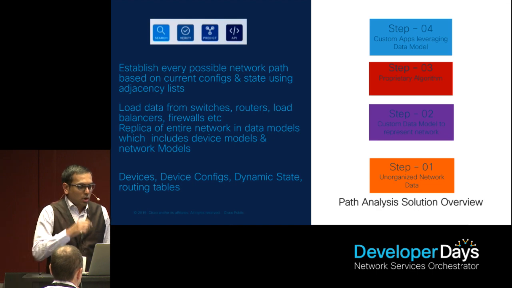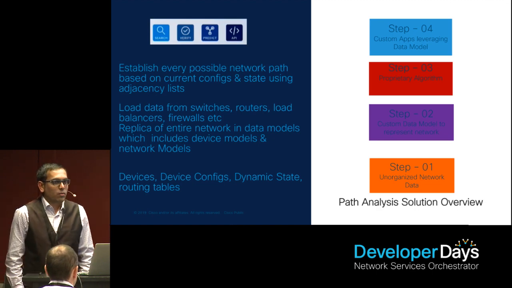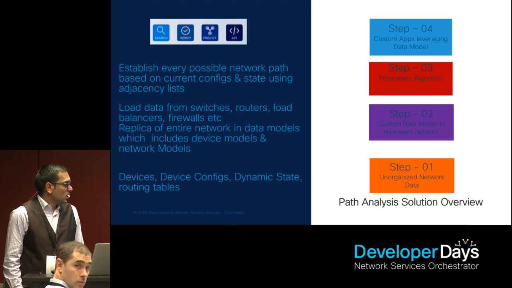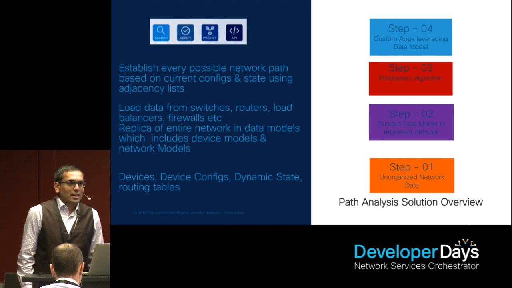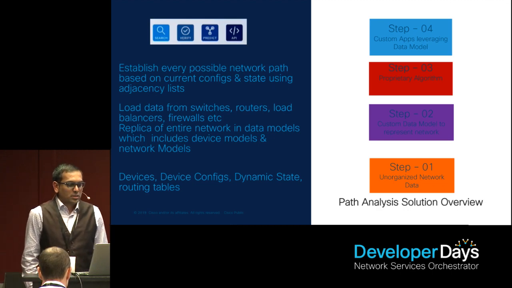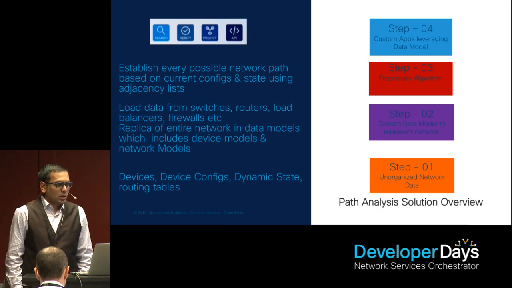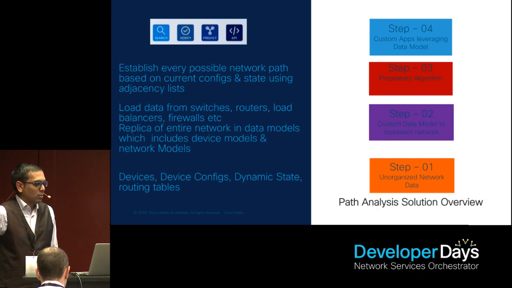But the overall sequence is, we have a listing of all the devices and firewalls and the dynamic state routing table. The data is garnered by the data collector from switches, routers, and these firewalls, and a replica of the entire network is maintained in a data model, which includes the device models and network models.